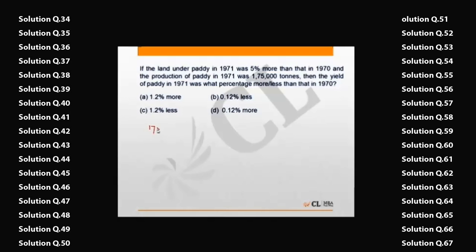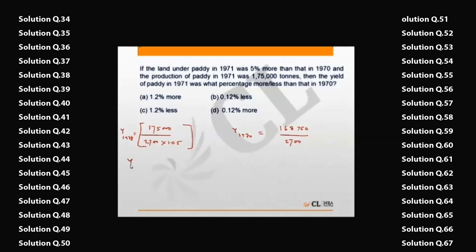So we have 175, 123, 2700 into 1.05 as the yield in 1971, and yield in 1970 is 168,750 divided by 2700.